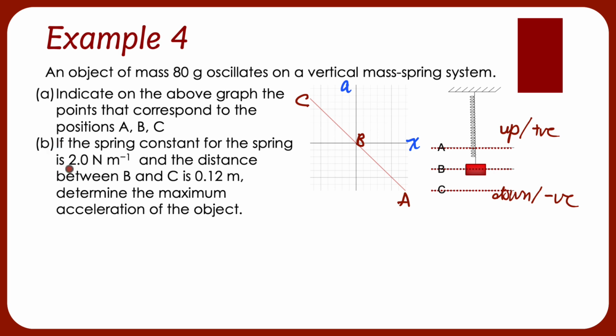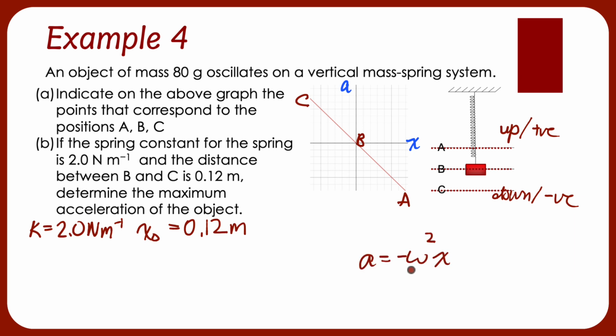Now we have a spring constant, and the distance between B and C is 0.12. B and C, this will be the amplitude. Now we're looking for acceleration, but in order for me to use acceleration, I'll need to have omega. And in order to get omega, I'm going to need the period.